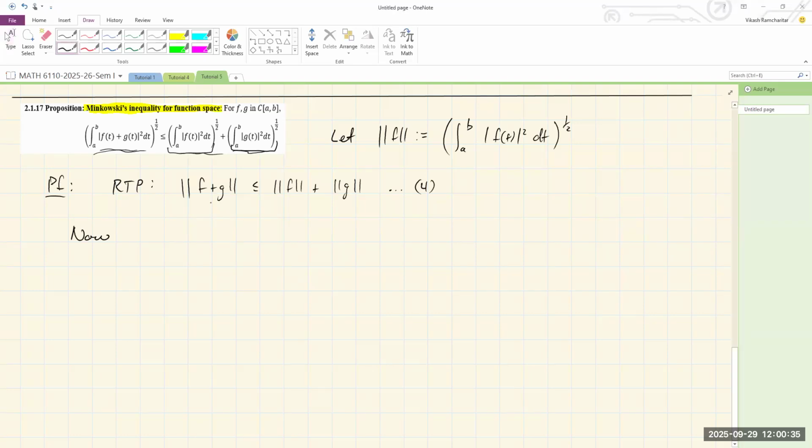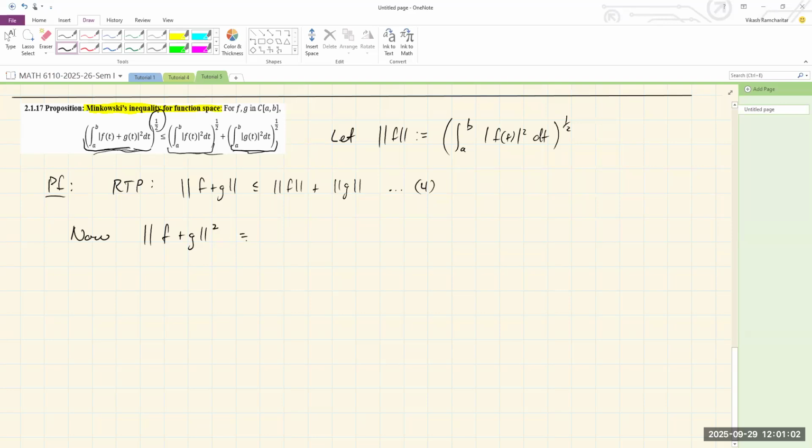It turns out it's easier to start with the left-hand side, but we're not just going to start with the norm of f plus g, because if you look at how I define the norm here, it has a square root with it. And I don't really want the square roots to come in just yet. So I'm going to work with the norm squared.